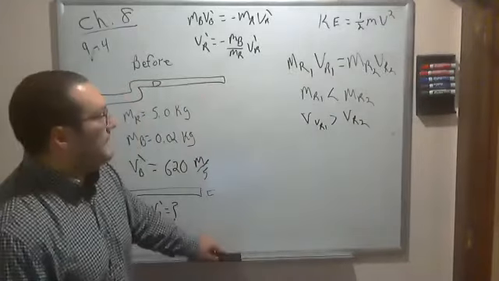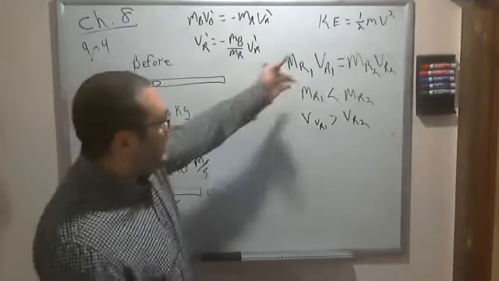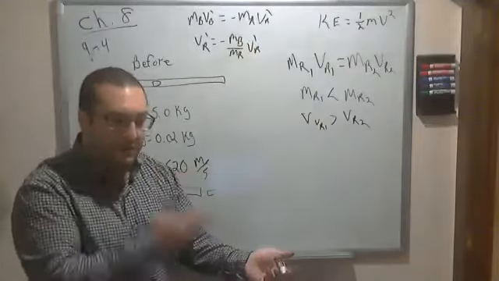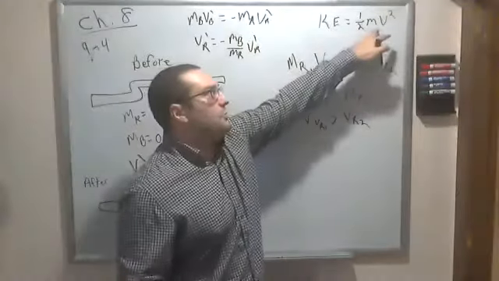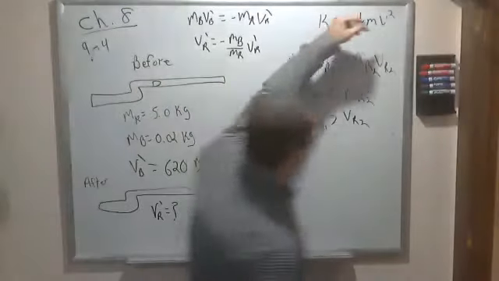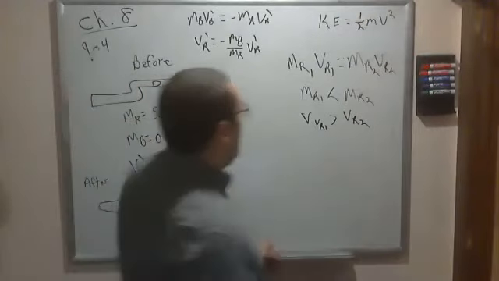So now let's look at the kinetic energy. Which one has more energy? The energy is not equal between the two. Even though they have the same momentum when they're fired backwards, the kinetic energy won't be the same because it is V squared, right? This V squared makes it a different quantity.